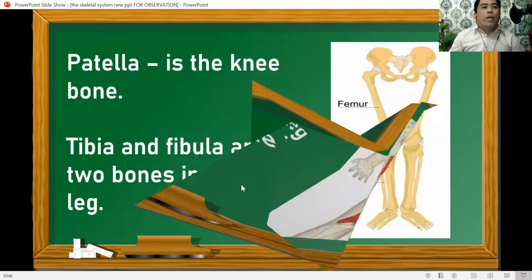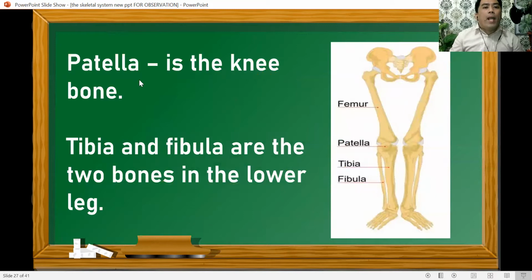Okay, next we have the patella is the knee bone. So yung sa tuhod natin na buto, ang tawag doon ay patella. Next, we have the tibia and fibula are the two bones in the lower leg. Yan. So yung malaki na bone si tibia, yung maliit si fibula.